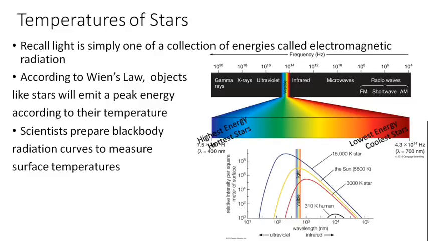Down here is something called a black body radiation curve. Sometimes a graph or a picture is worth a lot of words. So if, for instance, you take one of those hot stars, I'll pick on this one right here. K is Kelvin, a temperature scale, so 15,000 Kelvin is the temperature of this star.